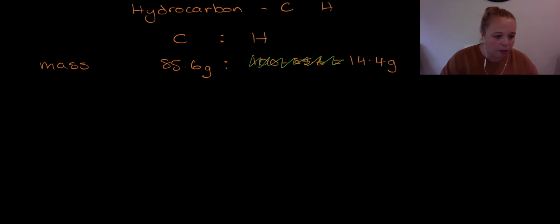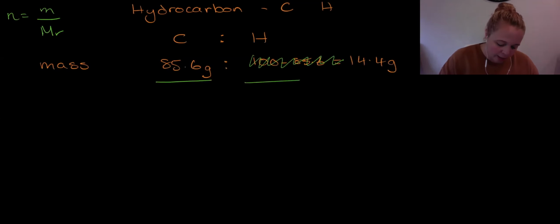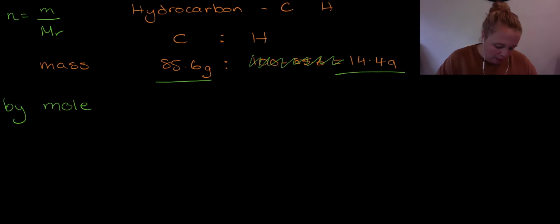Now we need to convert it into moles. Remember our formula for moles: moles equals mass over MR. So to get the moles, we divide the mass by the relative atomic mass.